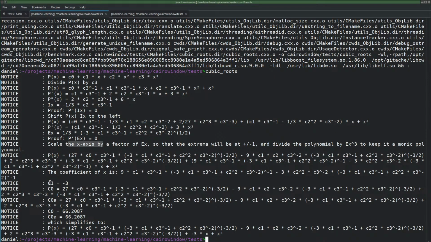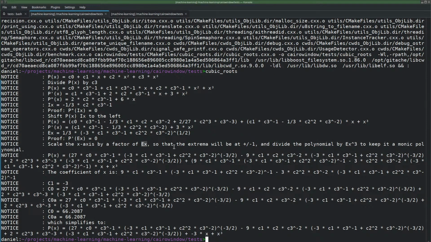But that's it. No, and there was another one. Yeah, and divide a polynomial by that again, which is theoretically a vertical scale as well.